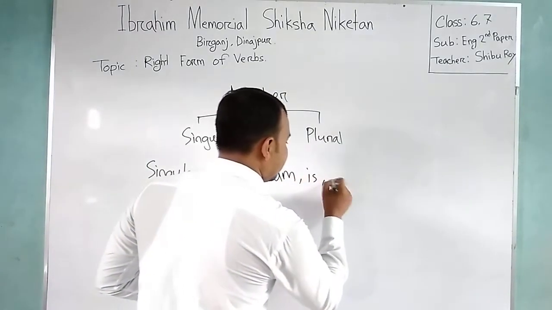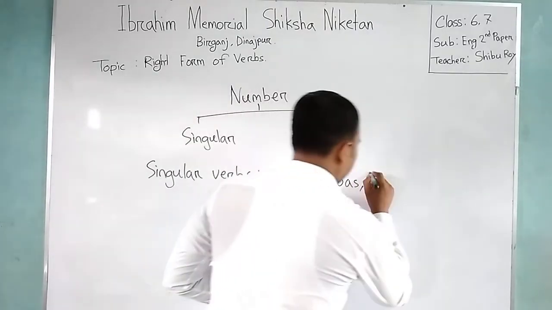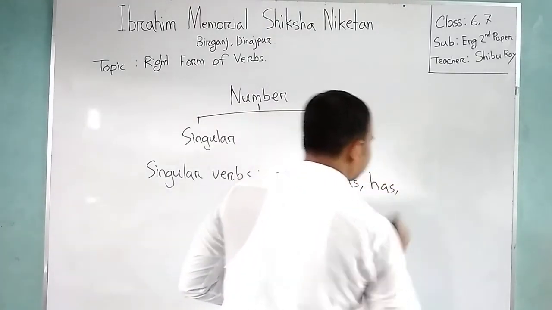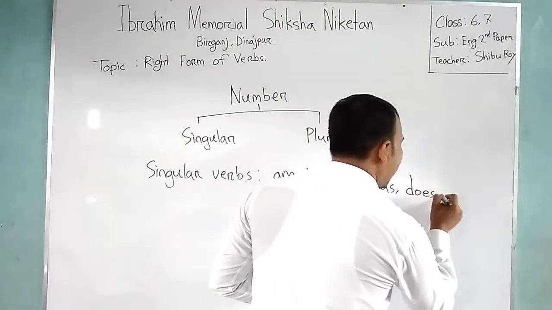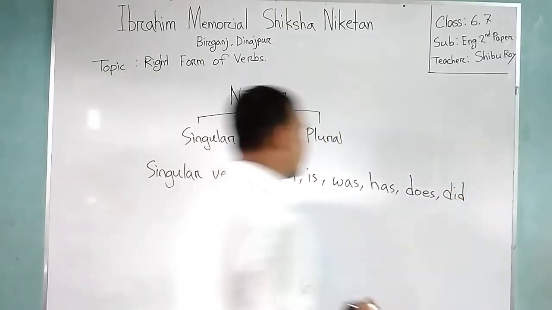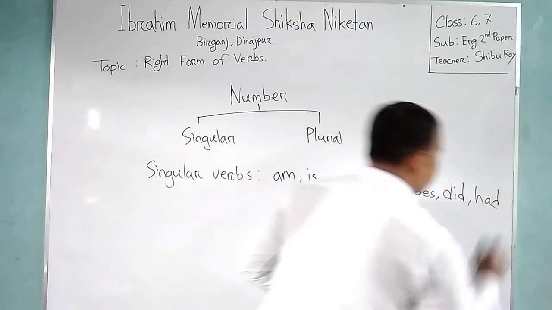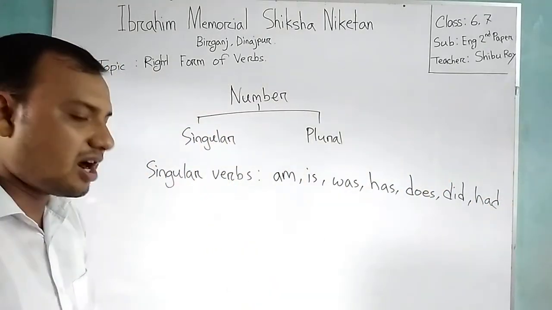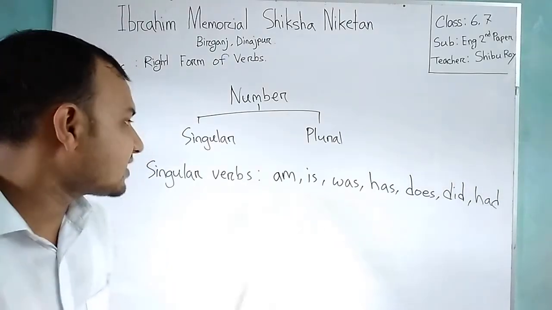Am, is, was, has. After that, does and did. And if I put the had, those are singular auxiliary verbs. Okay? Those are singular verbs.